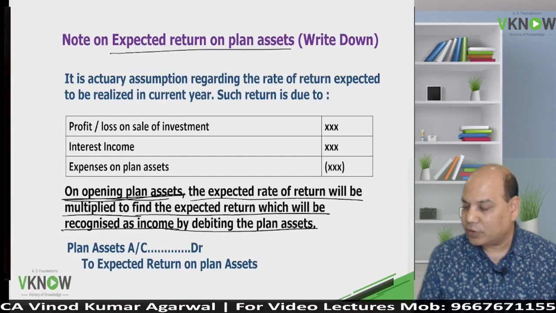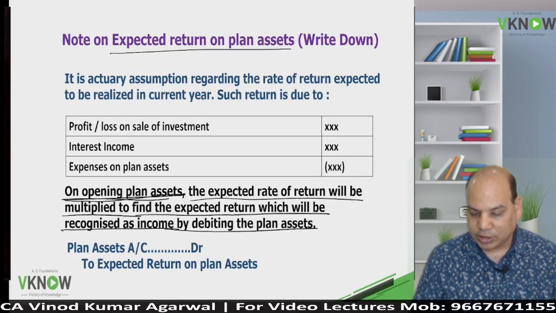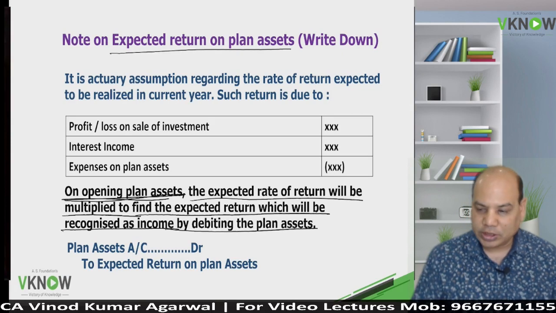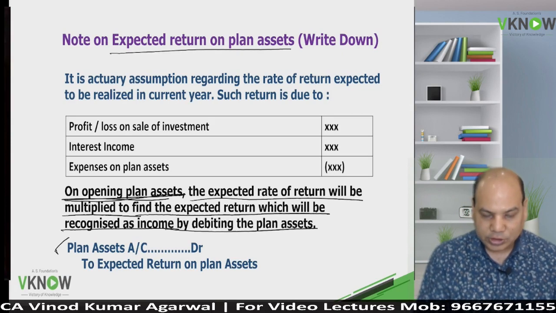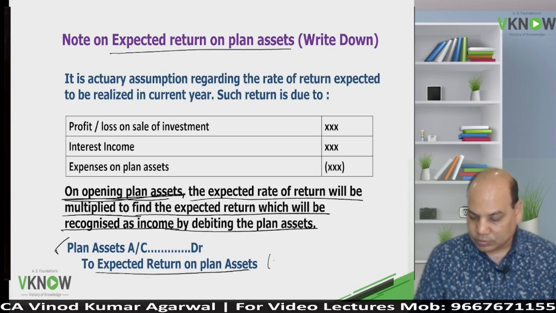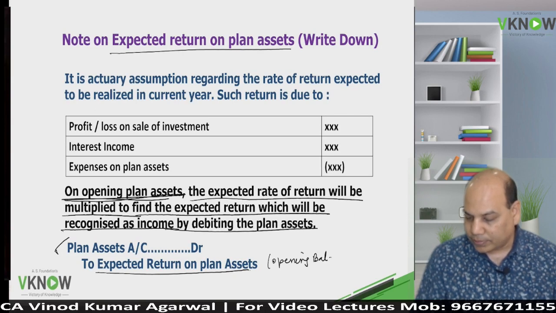So the entry for expected return, actually we have already written above. If you see point number 3 above, we have already written the entry. Still you can write plan asset account debit to expected return on plan asset. So the calculation will be opening balance of plan asset multiplied by expected rate of return.